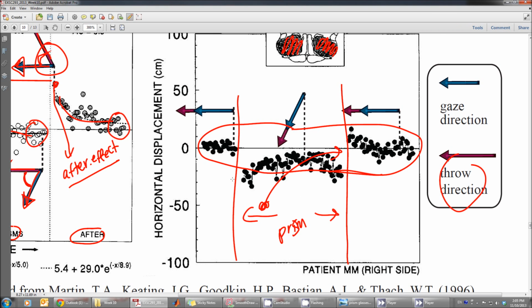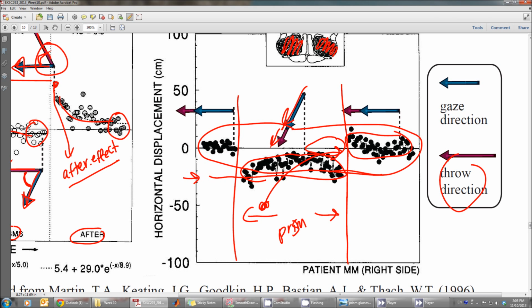And when they wear the prism glasses, the gaze direction and throw direction are aligned, and they tend to throw to the left, and they never get to the bullseye compared to the normal population. So the adaptation doesn't occur for these patients. They just keep throwing towards the left of the target. When they take off the prism glasses, the after effect is not really exaggerated. They just keep hitting the bullseye right after taking off the prism glasses.